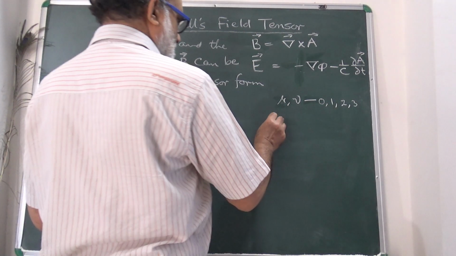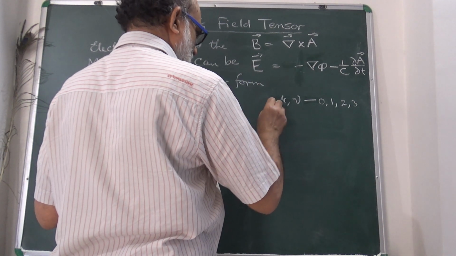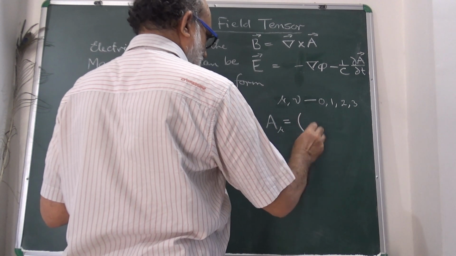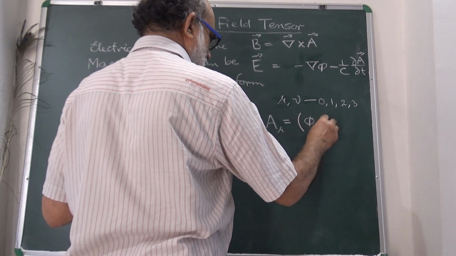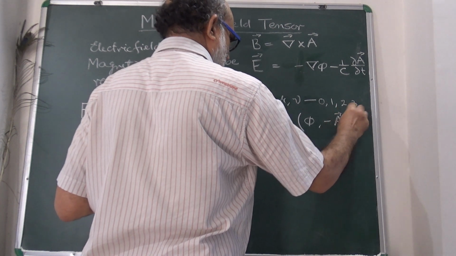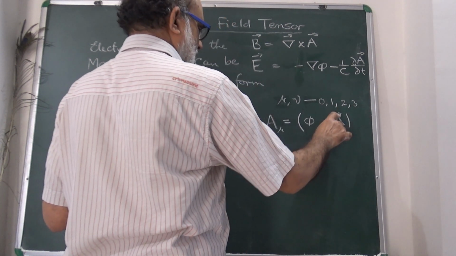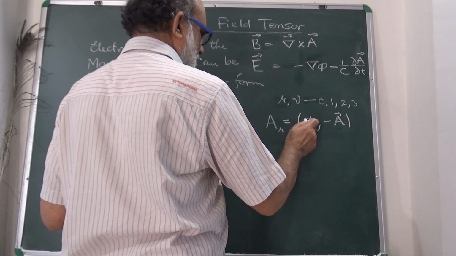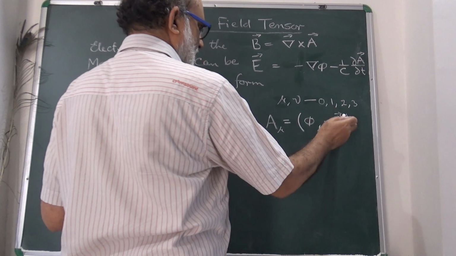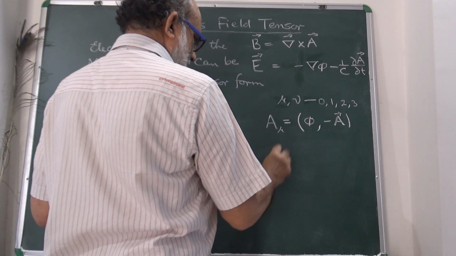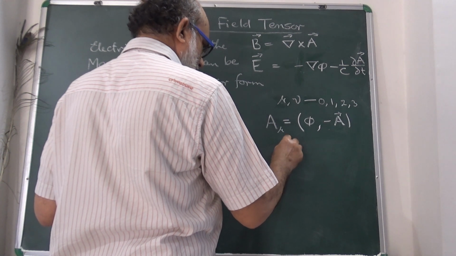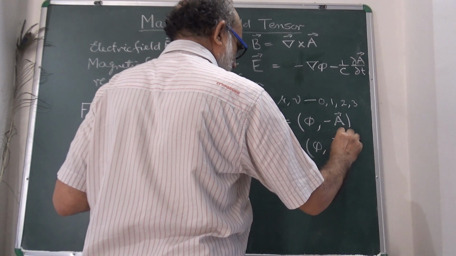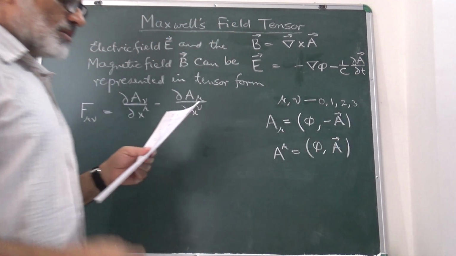A mu, the covariant component, is written as phi, minus A, which has 3 components. This is the time component A naught, which can be written as phi, and these are Ax, Ay, Az, that is A1, A2, A3. And the contravariant component is written as phi with the opposite sign.